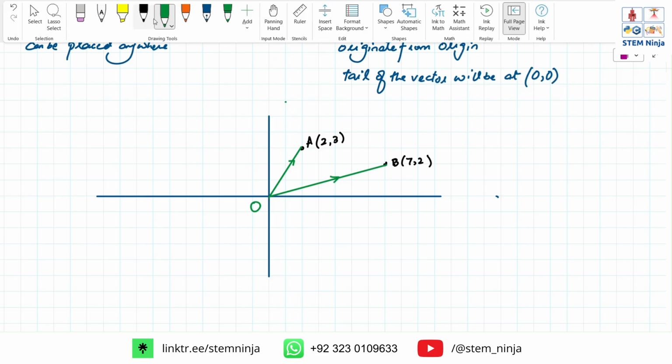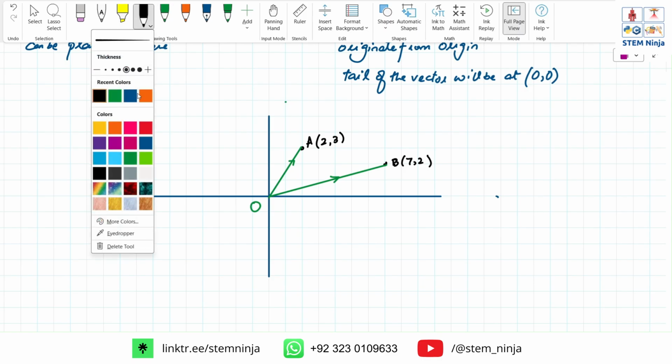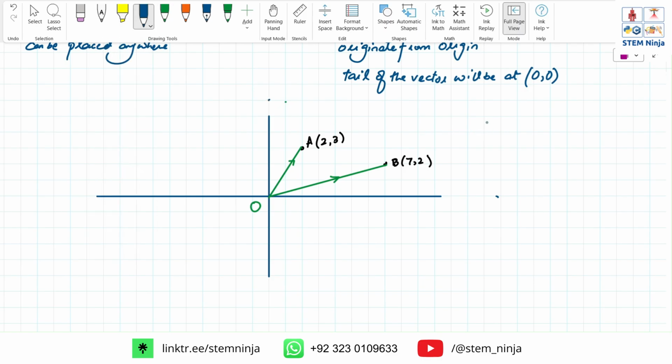So what that means is converting this information into position vectors, we can represent this in column vectors 2, 3, or it can also be written as 2i plus 3j. Similarly, OB will be written as 7, 2, or 7i plus 2j.